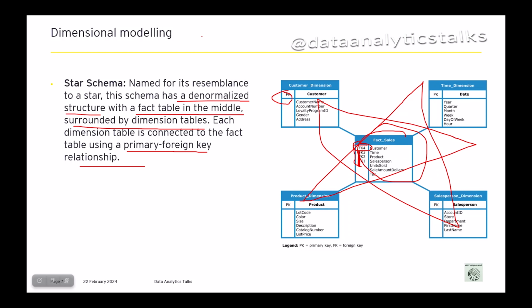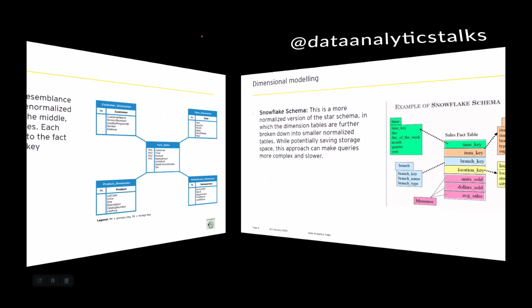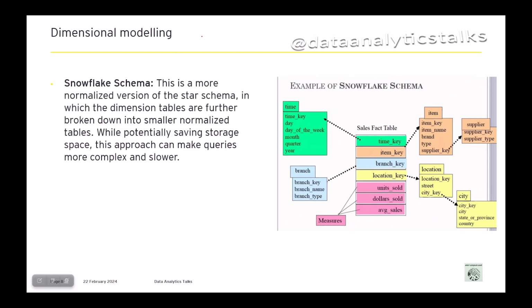Now going forward, we have another very important schema in dimensional modeling, which is nothing but the snowflake schema. Again, this is a little more normalized when compared to the star schema. You can see some more additional connections, additional links.